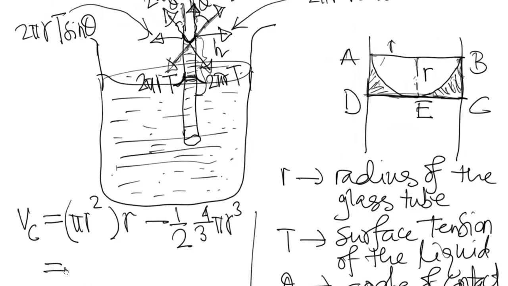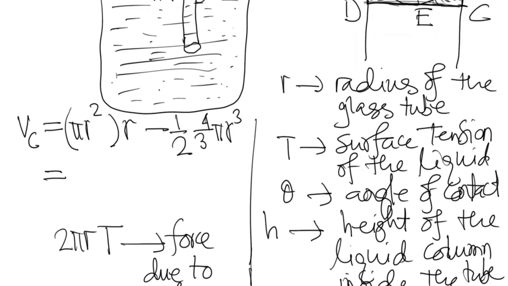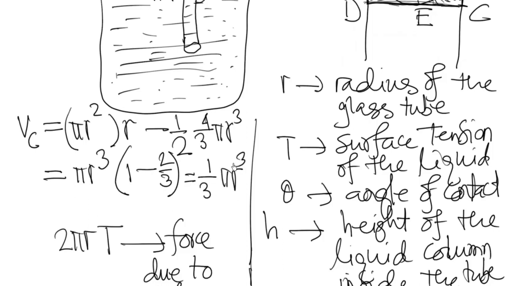If you simplify this, we have πr³ times (1 minus 2/3), so this will be 1/3 πr³. So this is Vc.